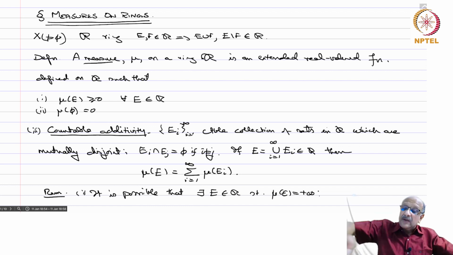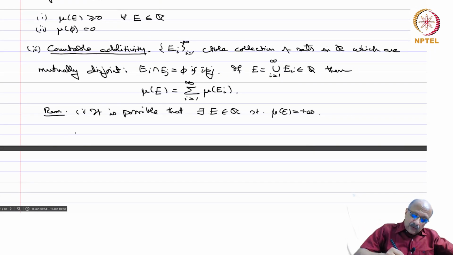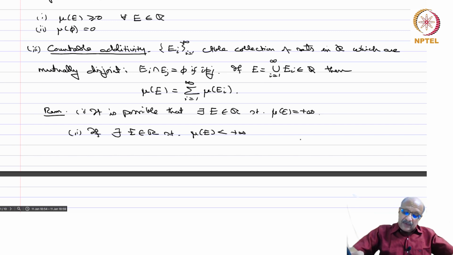So there can be sets whose measure is infinite. Secondly, if there exists an E in R such that mu E is finite, in fact that will always be the case, otherwise it's not an interesting measure, then 2 follows from 3.